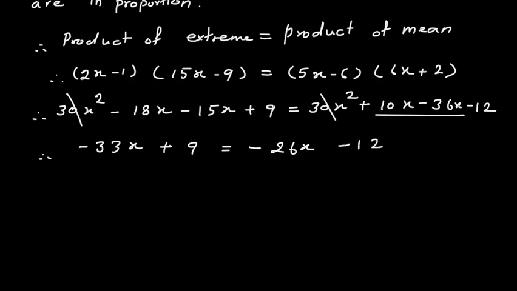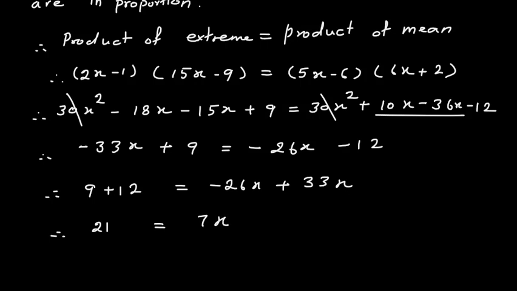So do one thing, this minus 33 move on right and this minus 12 move on left. So we get 9 plus 12 is equals to minus 26x plus 33x. So 12 plus 9, it is 21, equal to, here we subtract 13 minus 6, 7, I will have 7x.